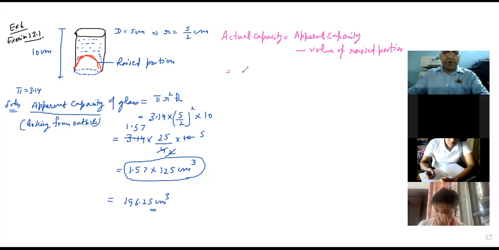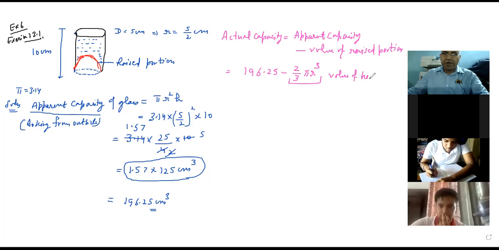So apparent capacity, this is 196.25. The volume of the raised portion, that means volume of hemisphere. This is the formula to get the volume of hemisphere, because this is the raised portion. So this is hemisphere.